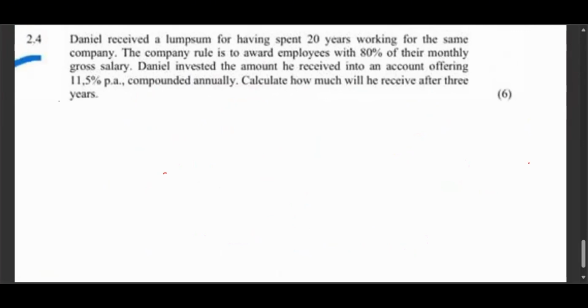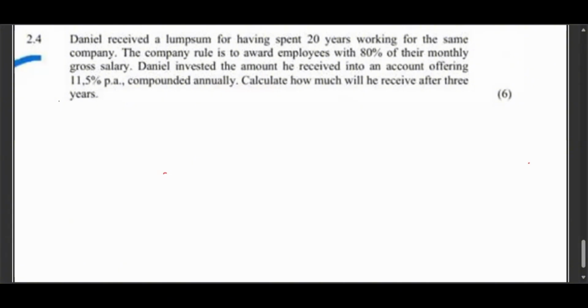Twenty years working for the same company. The company rule is to award employees with 80% of their monthly gross salary. Daniel invested the amount he received into an account offering 11.5% per annum. PA stands for per annum, every year, compounded annually.